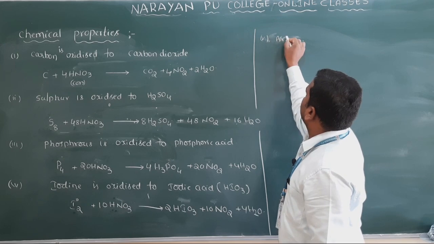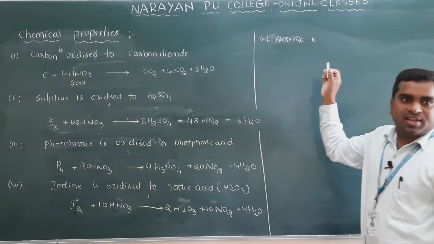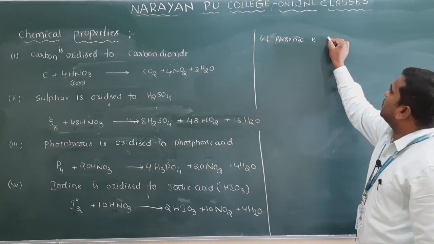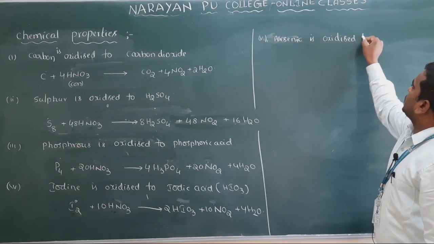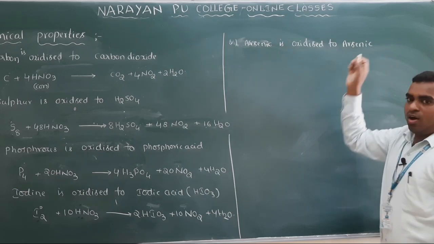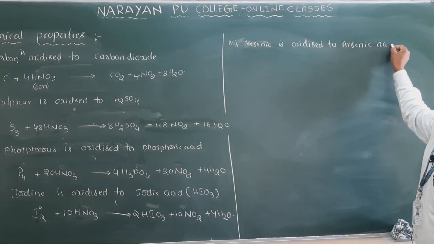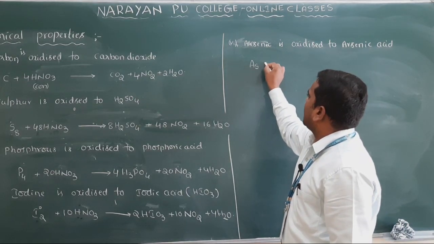Fifth one, arsenic is oxidized to arsenic acid. Clear? So same here, what is the arsenic? I will write only simple As.